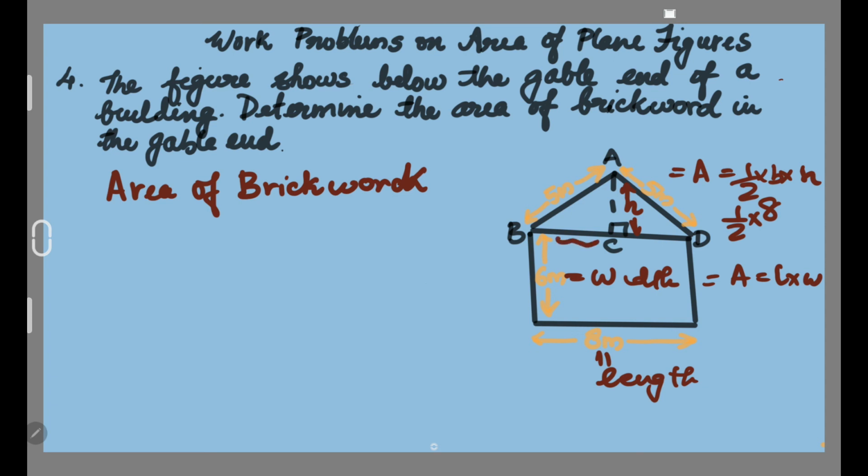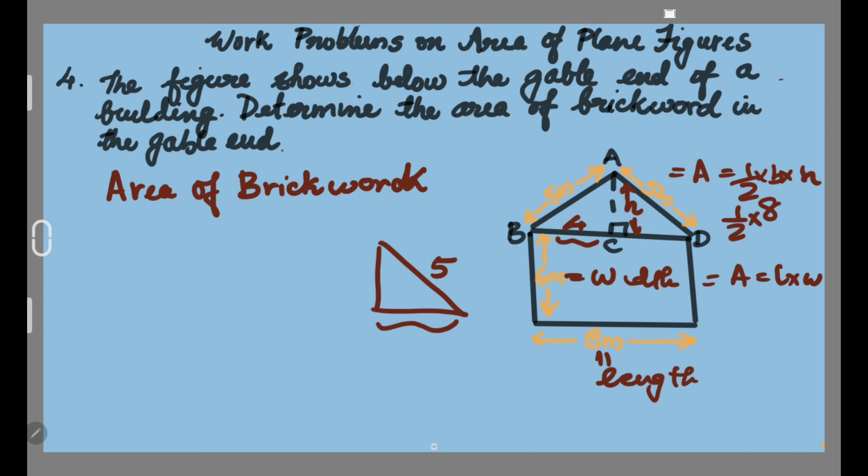If we know the base and the hypotenuse of a right angle triangle, you can easily find the height using the Pythagoras theorem. The Pythagoras theorem states that the hypotenuse square is the sum of base square and height square. So this is the hypotenuse. We already know this is 5, and this line bisects the triangle into equal parts.